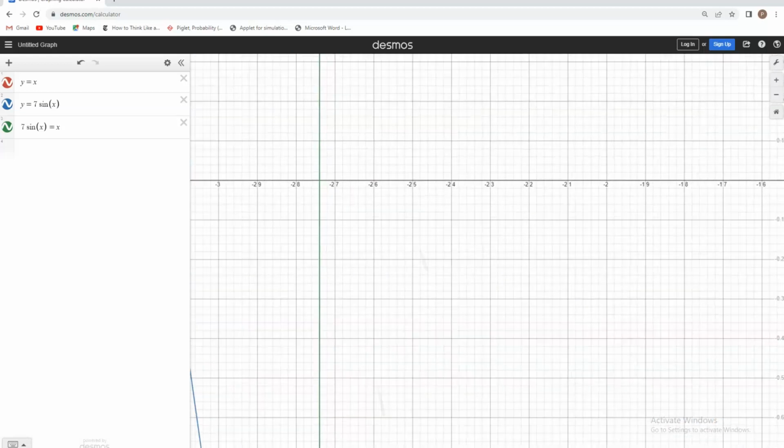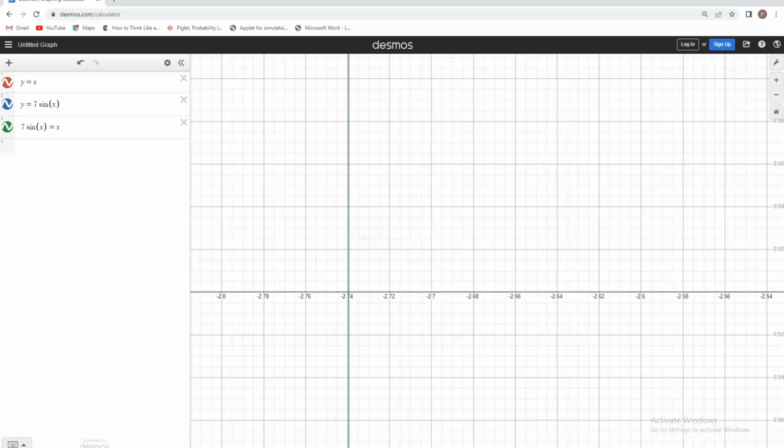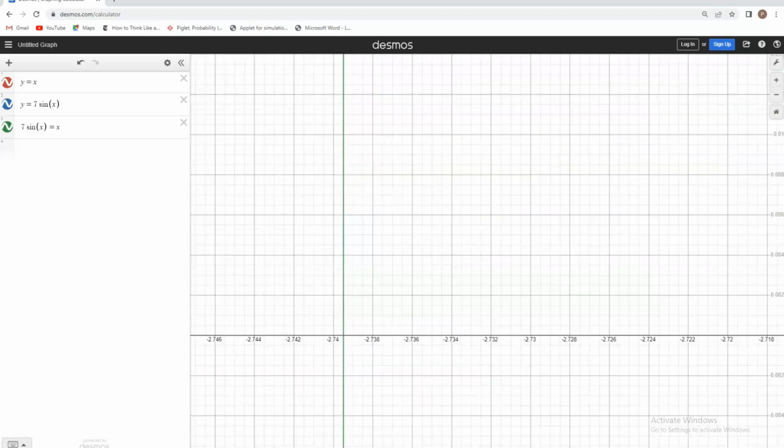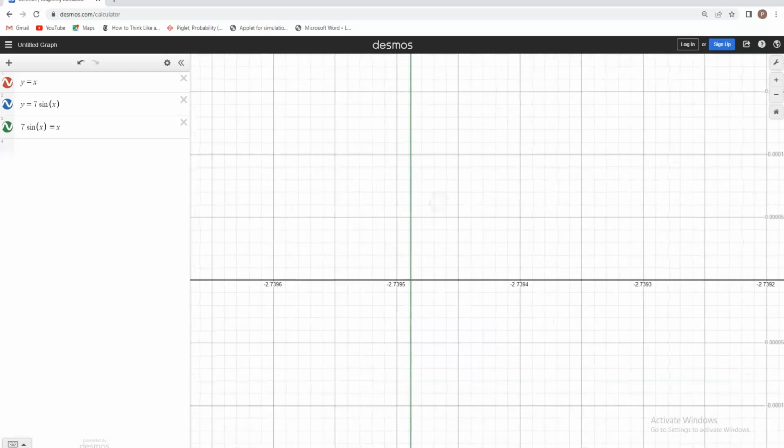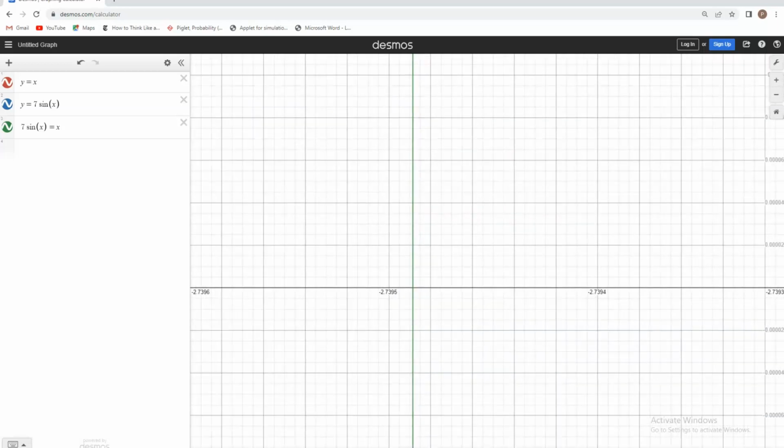So we can zoom in. Rounding to 4 decimal places, the answer for this part is -2.7395.